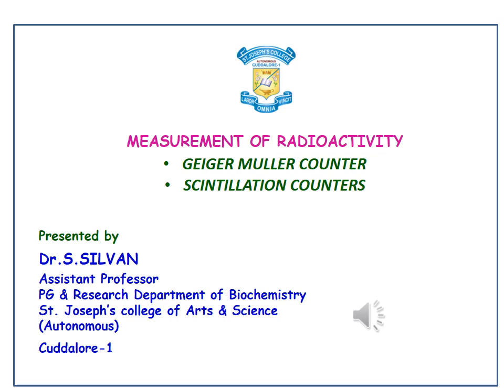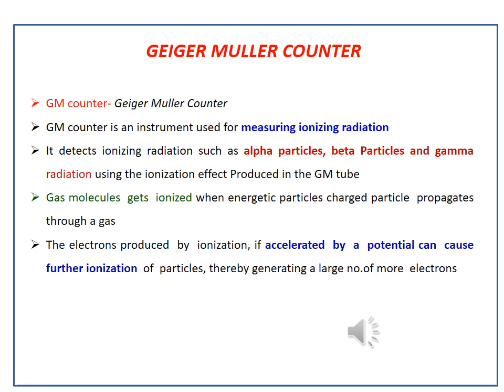I am going to present the measurement of radioactivity. Geiger-Müller counter. The GM counter is an instrument used for measuring ionizing radiation.